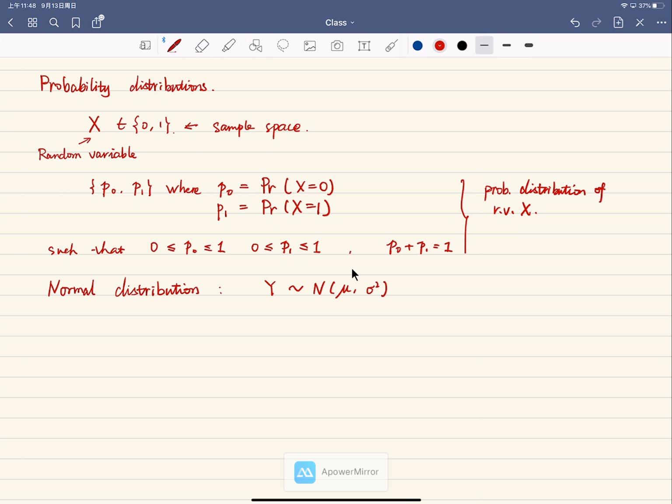So what's the meaning of this notation? It basically says that first of all, y is a random variable, and the value of y can be taken from any real number. This is the symbol for real numbers.